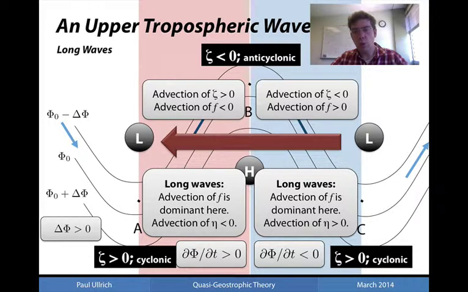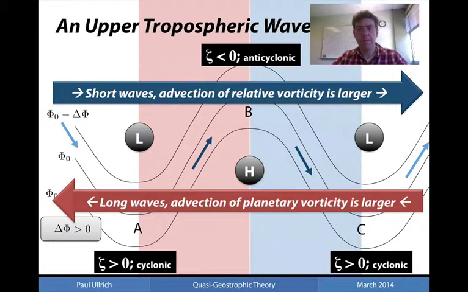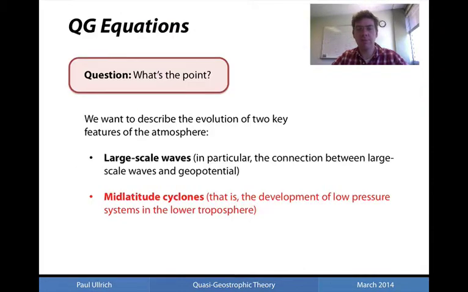Consequently, you're going to see a westward propagation of the wave. So for short waves, when we have advection of relative vorticity being larger, then you're going to see eastward propagation of the wave, and for long waves, when you have planetary vorticity being larger, you're going to see westward propagation of the wave. So let's now look at mid-latitude cyclones.